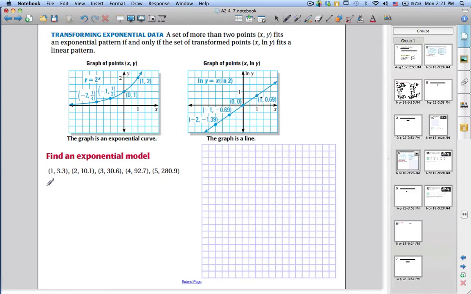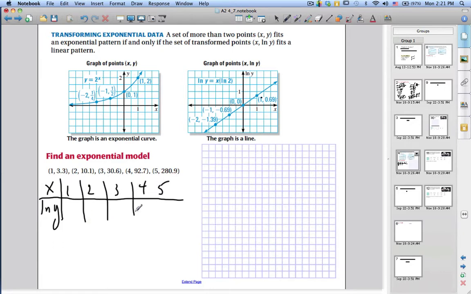So if we recreate the table, we'll have x and the natural log of y. My x values are 1, 2, 3, 4, 5. Then I'm going to take these values of y and plug them into my calculator to get the natural log of those numbers.